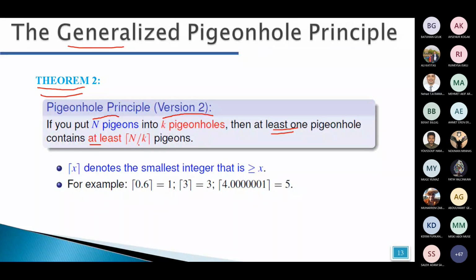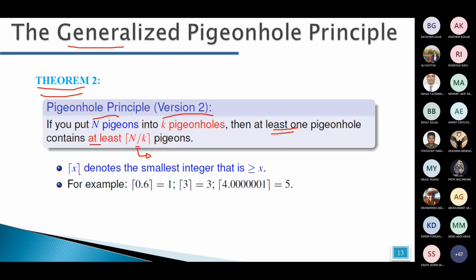Because we have division here, the number could have some fraction, but we speak about objects. You can't say we have 1.5 pigeons in the hole. No, it must be 1, 2, 3, 4, like this. You can't say we have 1.5 students. No, it's an object. Objects cannot be 1.5. That's why we don't need a fraction.